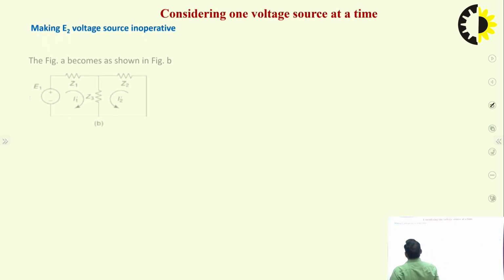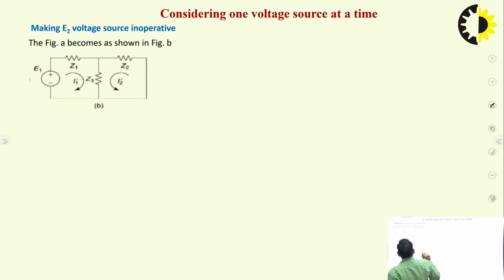Now, suppose E2 is inoperative, meaning it is replaced by its internal impedance. E2 is an ideal voltage source, so the internal impedance of E2 is 0.